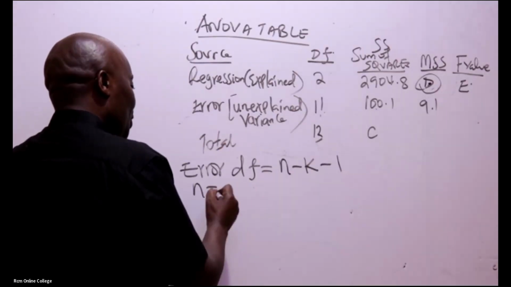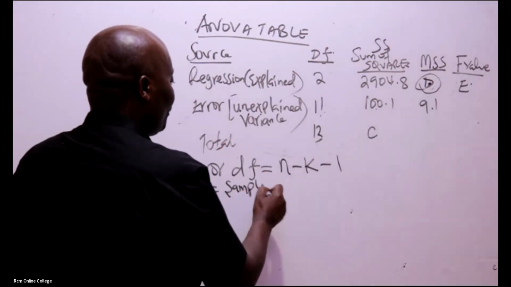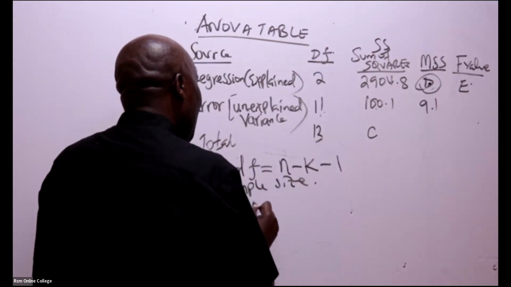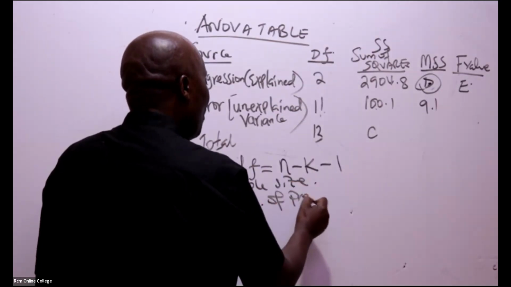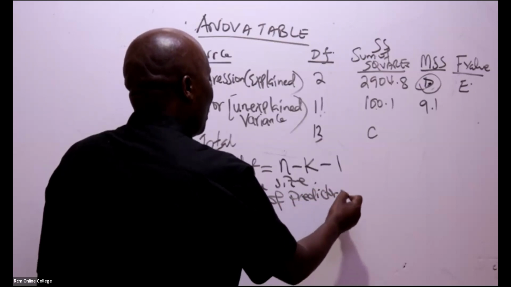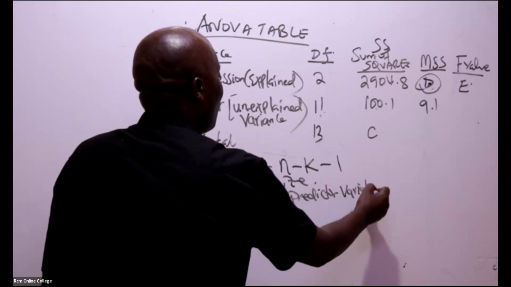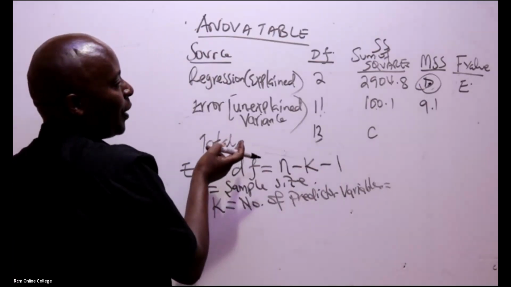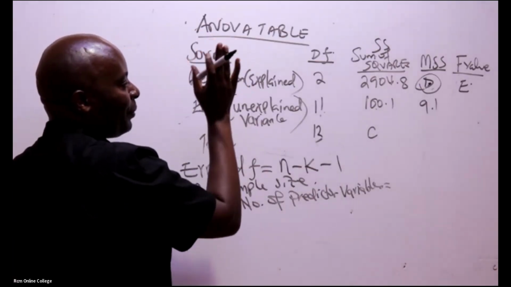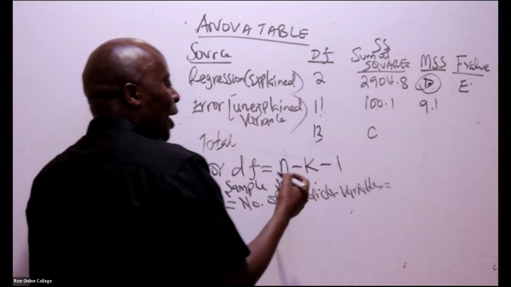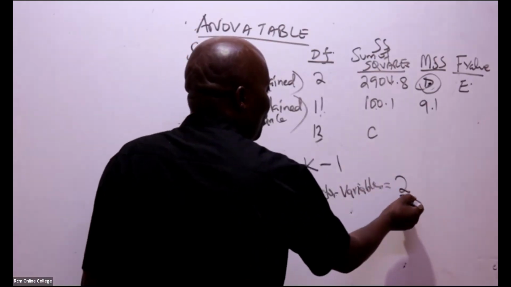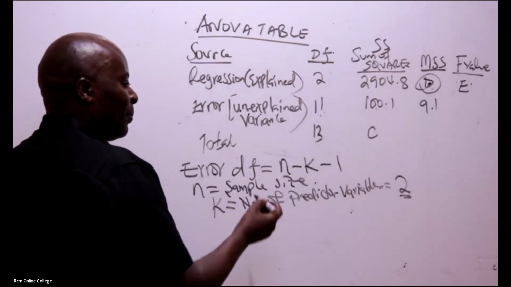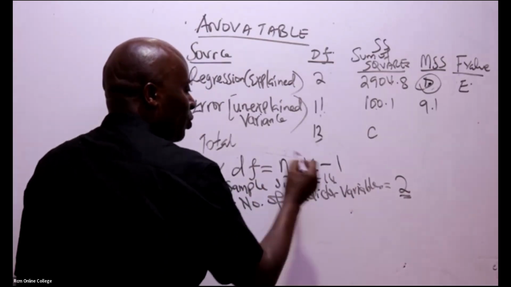N is the sample size. Then we have k, the number of predictor variables. In our case, if you remember the parameters up there, we had x1 and x2. So the number of predictor or independent variables was 2, and the sample size we have just gotten is 14.